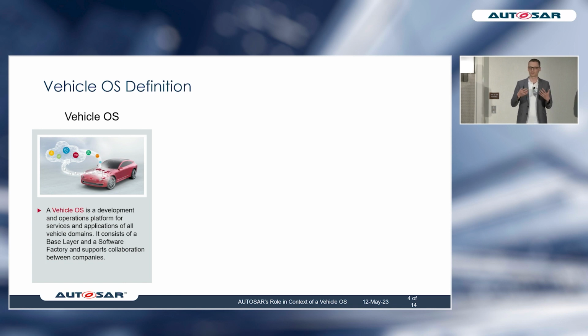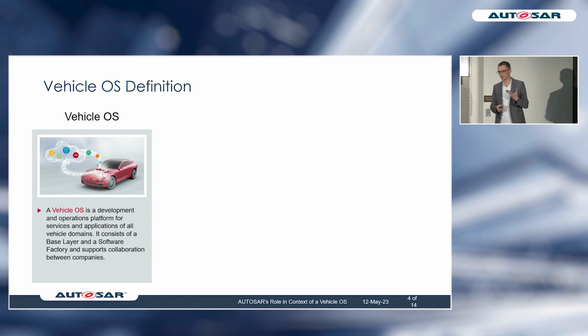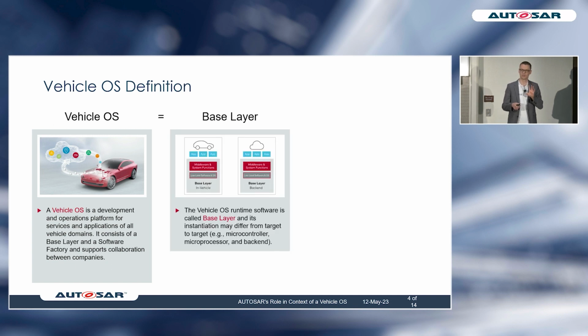The platform software covers everything. And it consists of 2 principal elements. First is the base layer. It's the actual runtime software, the embedded software running on the ECUs. And as you can see, it's not only in the vehicle, it's also in the cloud or in the backend.